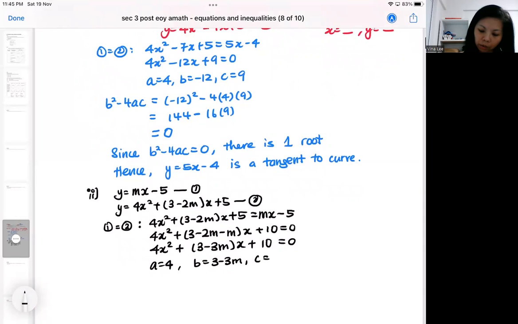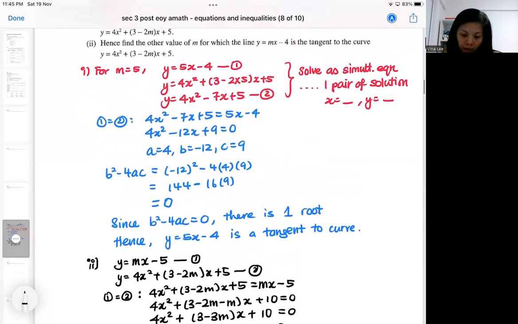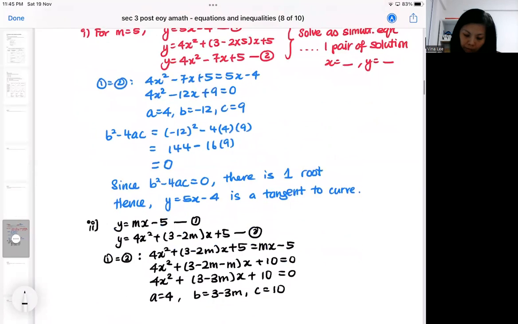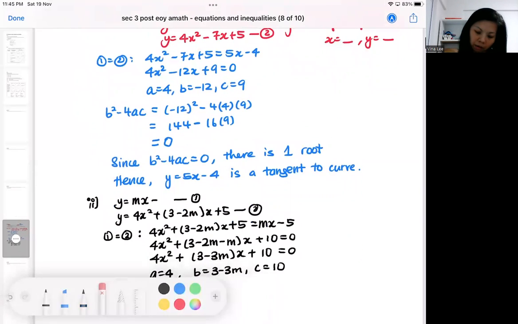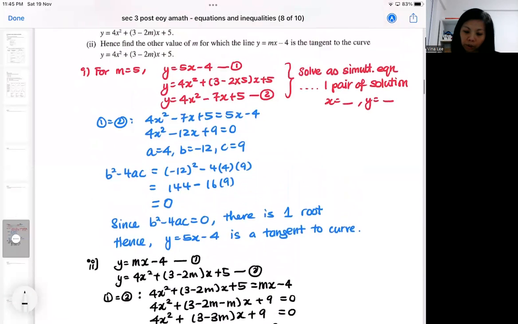So this is not a showing question. I think I made a careless mistake on the -4. So from here, this is not a showing question.